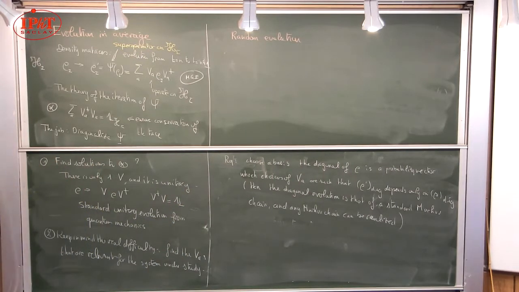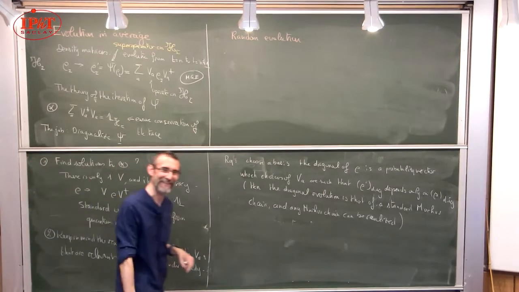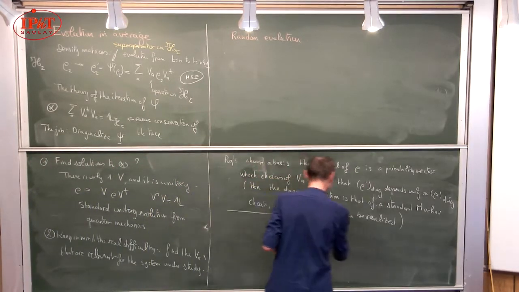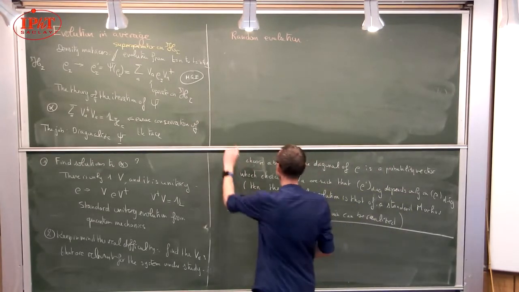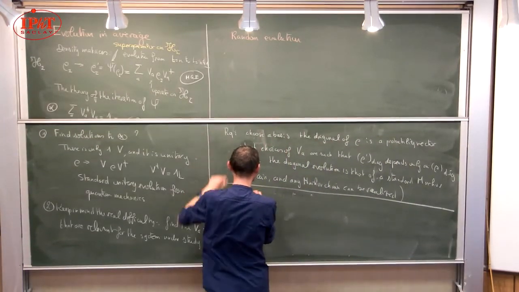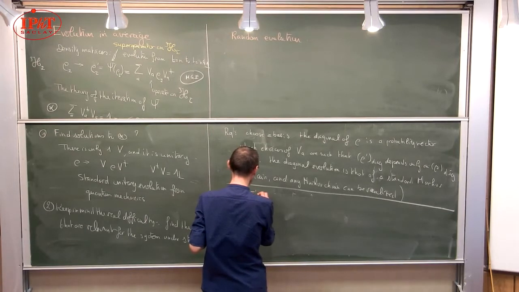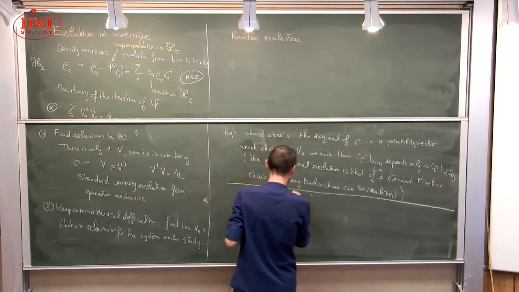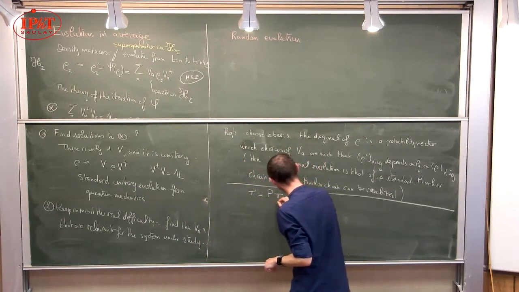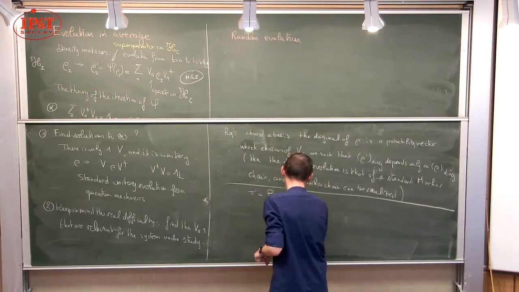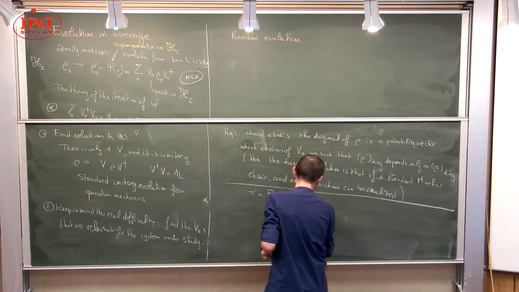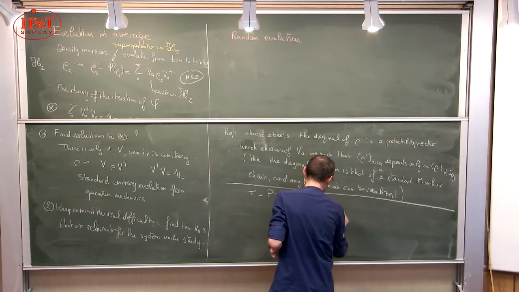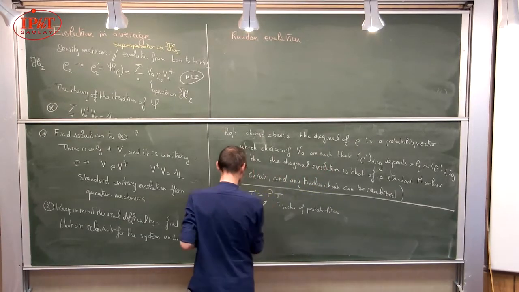Excuse me, if it's not too long, can you just rewrite the classical master equation of which this is the quantum version? Yes, I can. So the classical equation would be that pi prime is equal to pi times P. This would be a vector of probabilities, and P would be a classical stochastic matrix.